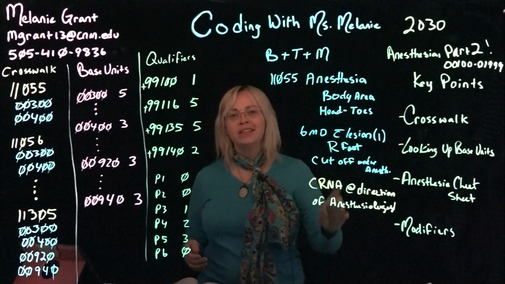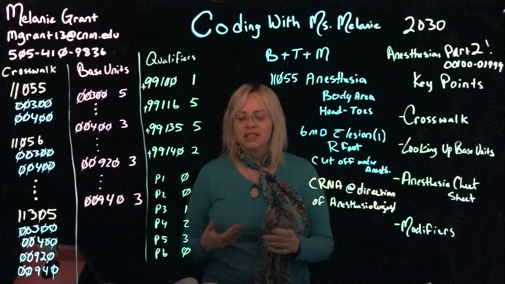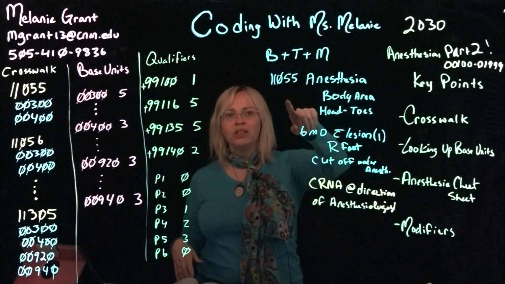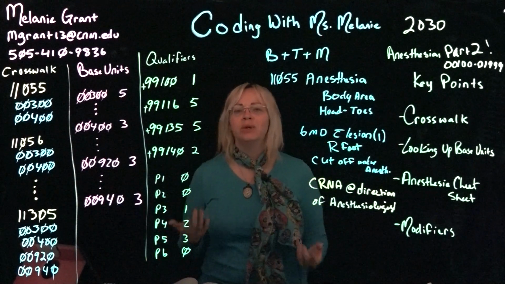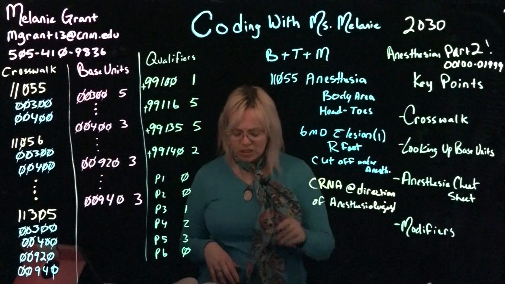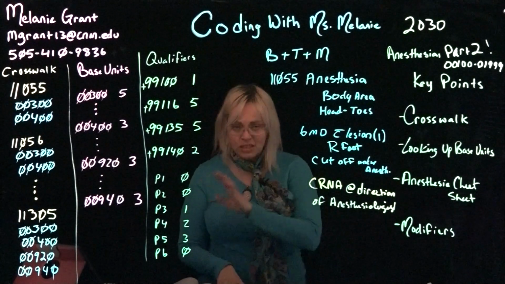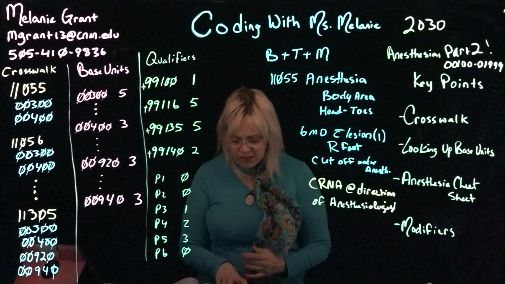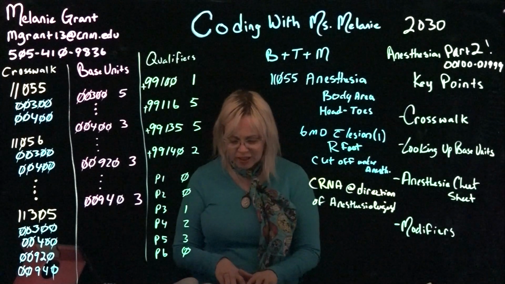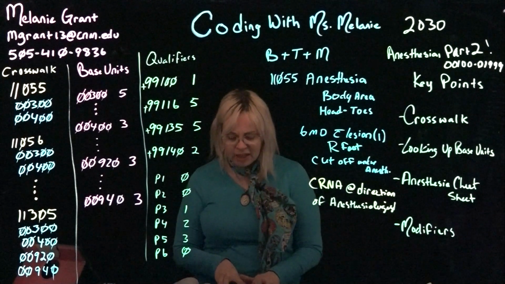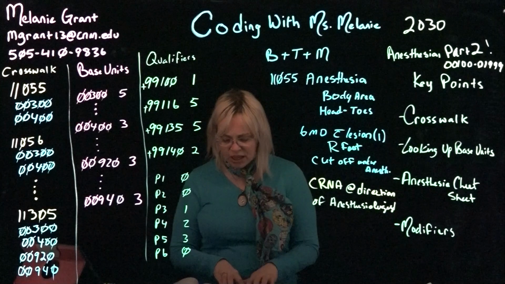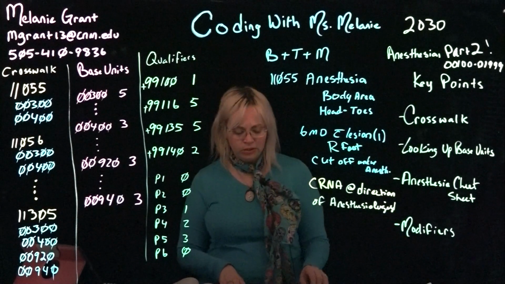Okay, so when we're cutting a lesion off of the foot, in this case, procedure 11055 is an integumentary procedure. And you will need to go back to your anesthesia crosswalk and pay attention to that, because this is the procedure on the integumentary system. And if you look at 00400, on the extremities is included.